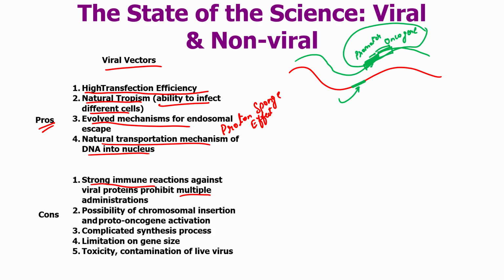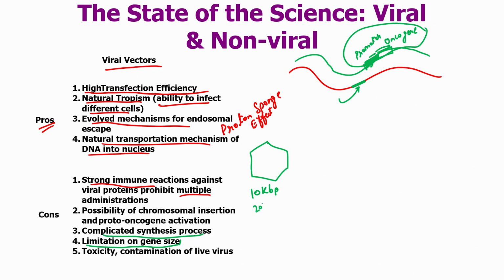It is a fairly complicated synthesis process. It is not trivial to take a virus and load it with your own DNA and let it go and do whatever you want it to do. It also has a limitation on the gene size that you can put. The virus may only be of a certain size and there is a limit. So, let us say the virus genome is about 10 kilo base pair, then you can't really load more than 20 or so.